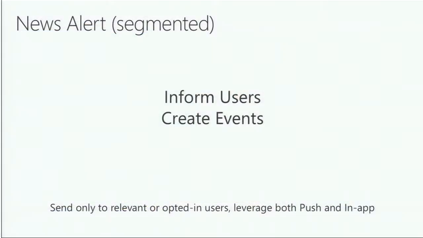Another scenario, and this is not related only to media and news, is about informing users about things or making sure that they are aware of great events, great features. We typically advise that every app create some set of events, which are important points in the life of the app, so that they can play as an anchor for users to come back to the app and to actually stay engaged.